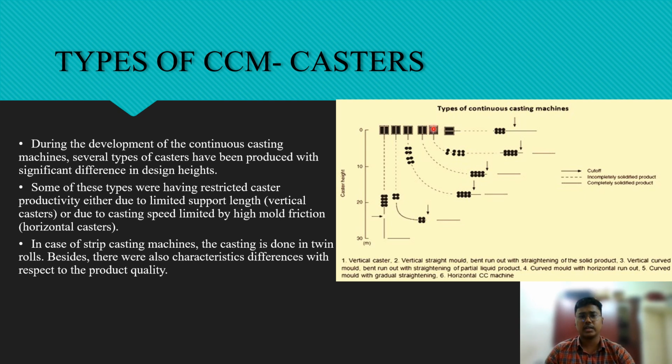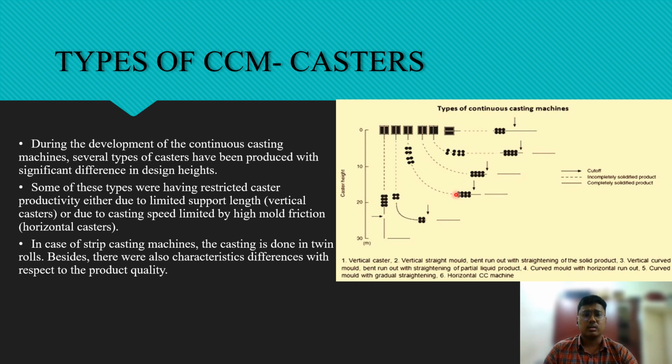Here, the curved mold is gradually straightening as it moves. So the incompletely solidified product, as it moves gradually in this caster machine, becomes solidified and straightening takes place. And the last one is the horizontal continuous casting machine, where the complete process takes place in the horizontal direction.